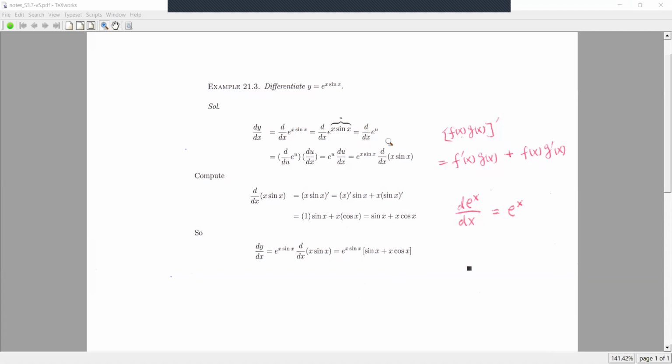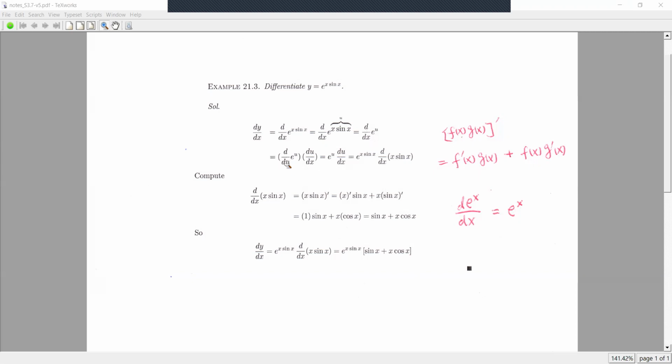To compute this derivative, I want to use this formula. But this formula requires all the variables to be the same variable. Here, u and x are different variables. To overcome the difficulty, I use the chain rule.